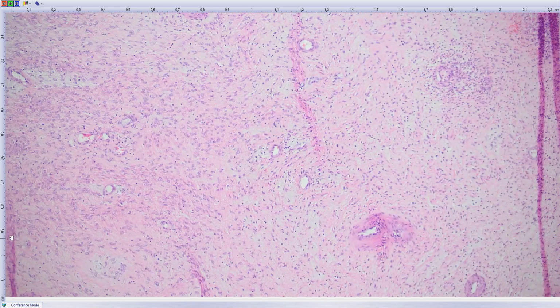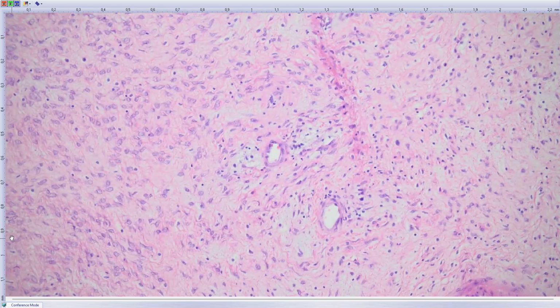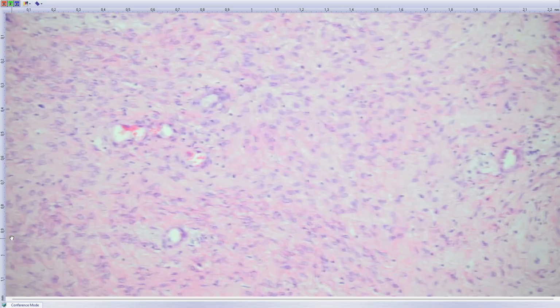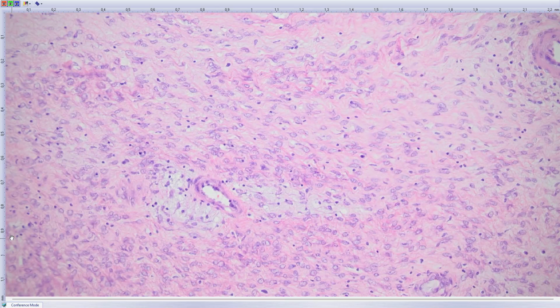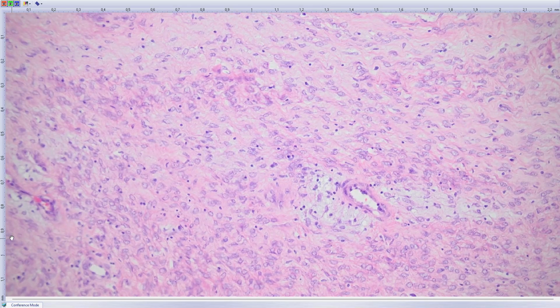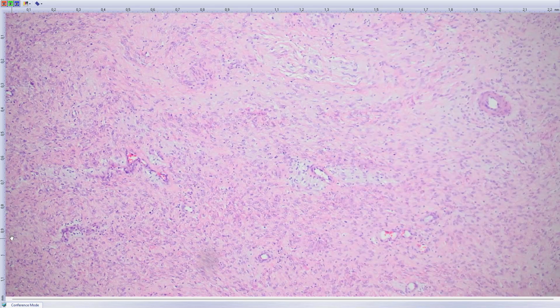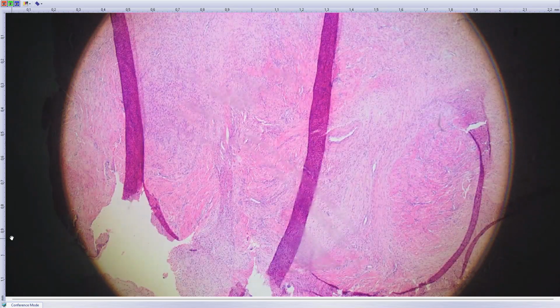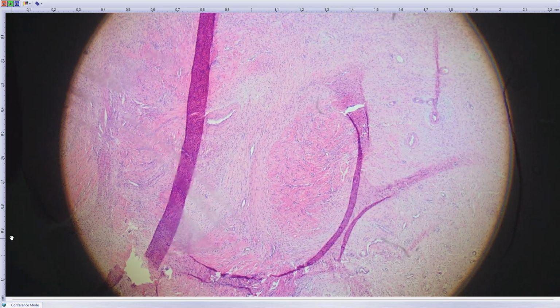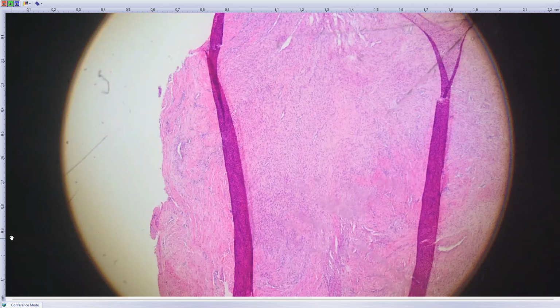Even when I went through it retrospectively, I was not able to find more than one mitosis per 10 high power fields. So no atypia for me, or minimal. The only worrisome feature for me, which I remember, this is a case from November last year, is how it infiltrates the smooth muscle of the uterus.